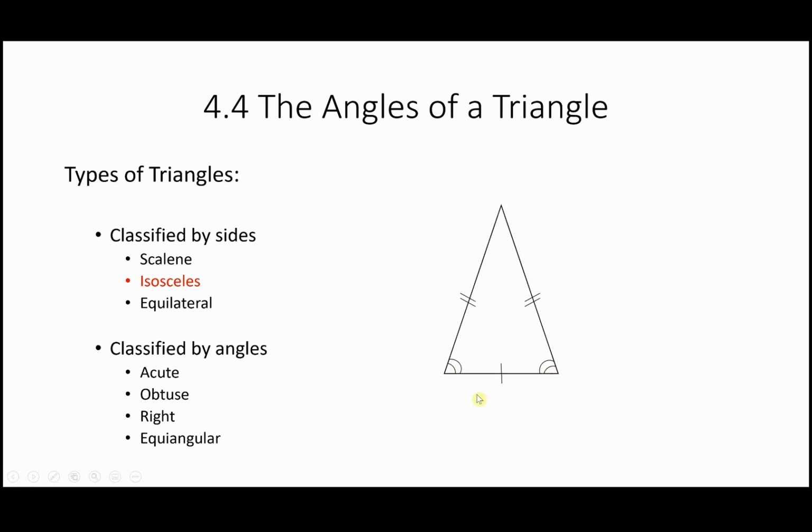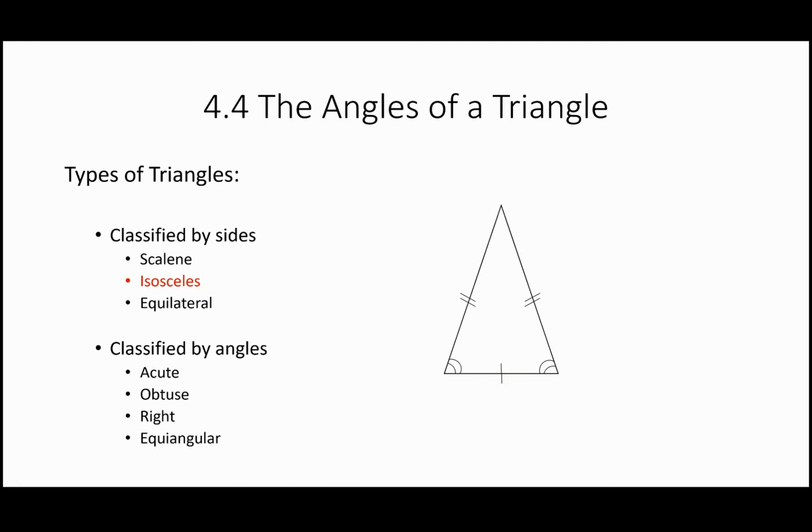The base angles are always congruent to each other, because they are opposite two side lengths that are congruent to each other within the triangle. That's more information than you technically need to get through this section, but things are coming up very quickly that are going to be relevant to isosceles triangles, so I thought we would get a few things squared away now.